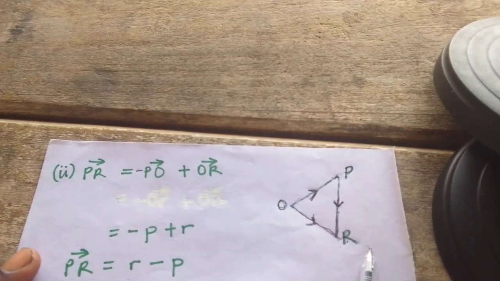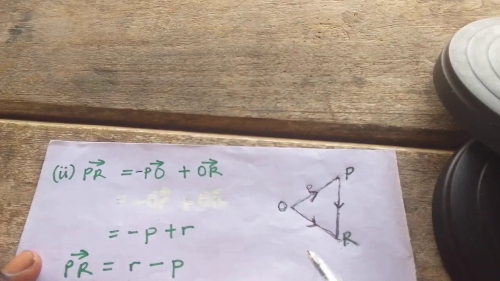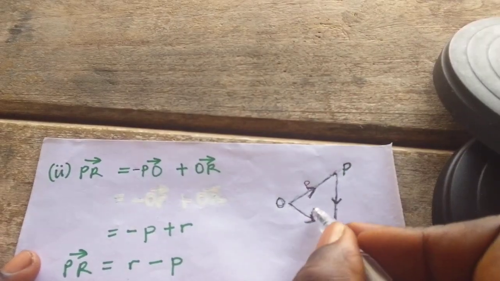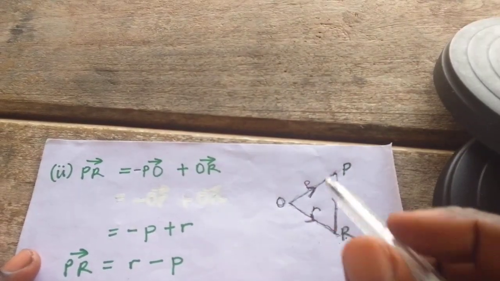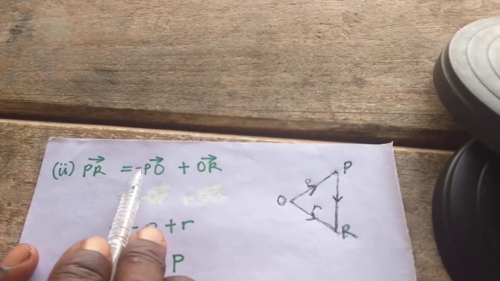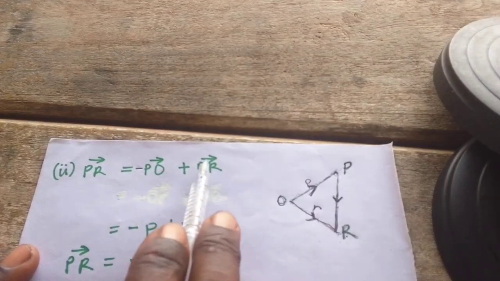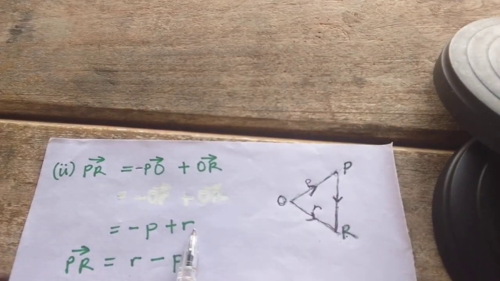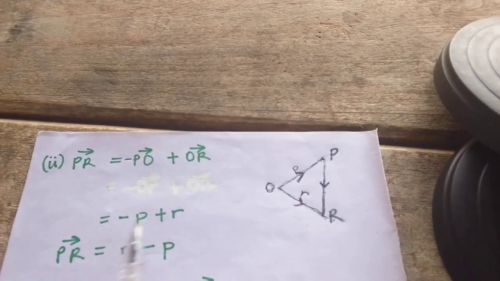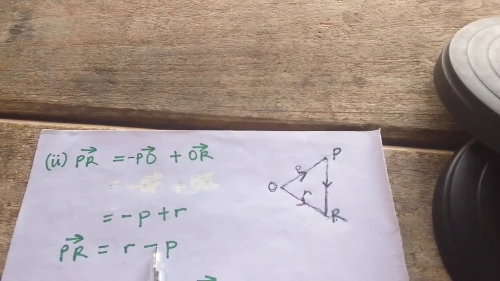You've used small letter p to represent this and small letter r to represent this. So minus OP is represented by minus small p, plus this one represented by small r. So the vector PR is the same thing as saying r minus p.